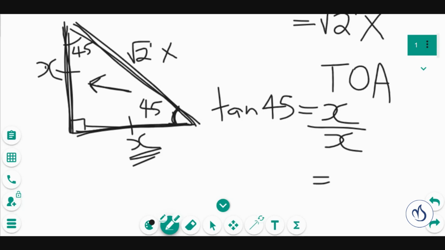No, it's not 0. It's like saying 5 divided by 5. You get 1 out of 1. So x divided by x, you get 1 out of 1, which is simply 1. And that is a confirmation that the tangent of 45 is 1.